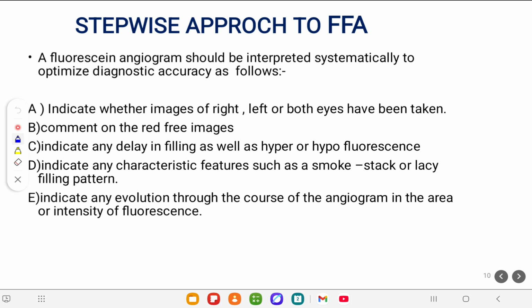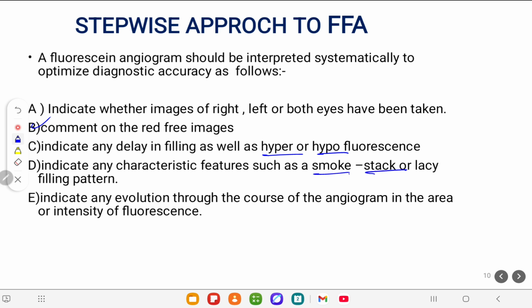The fluorescein angiography should be interpreted systematically to optimize diagnostic accuracy. Indicate whether the image is right or left, and whether both eyes have been taken first. Comment on the red-free image first, which means the reference images. Then indicate any delay of filling as well as hypo- or hyperfluorescence. That's very important, I'll show you that. Indicate any characteristic features such as smoke stack or leaky filling pattern.